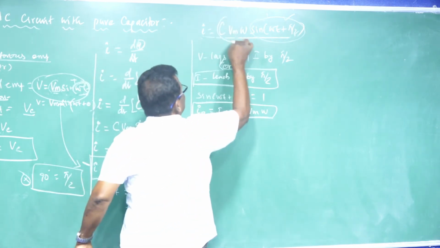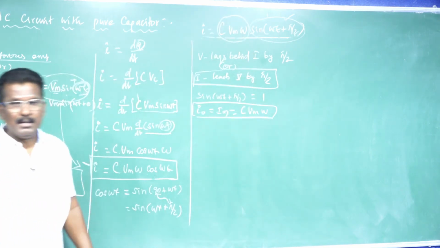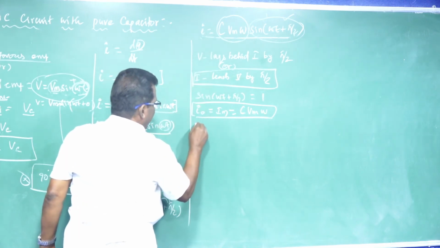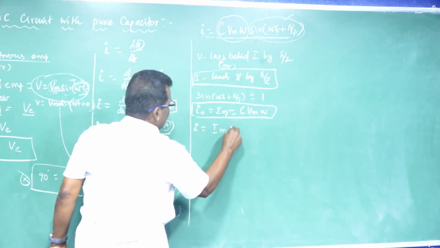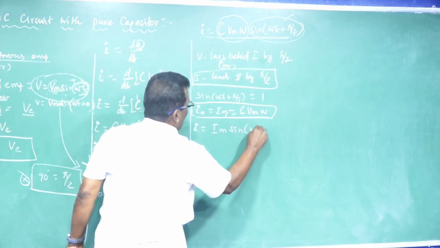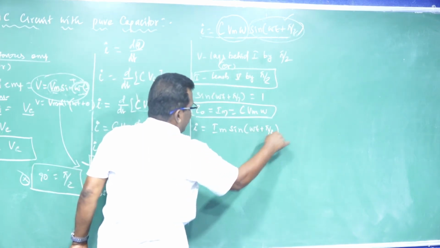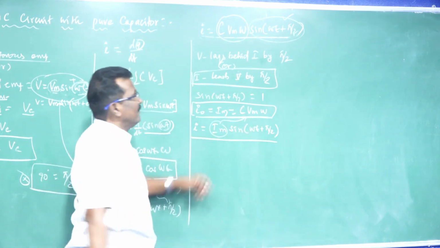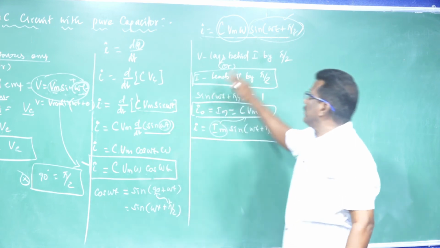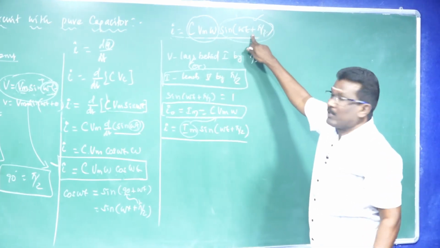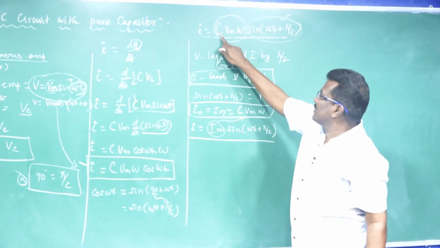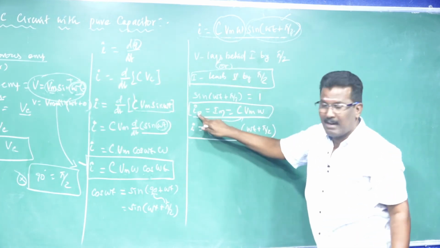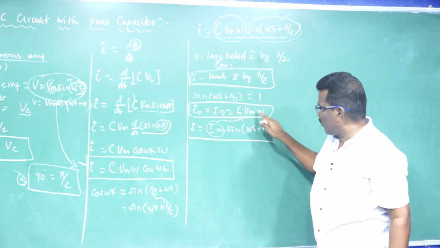So this part becomes Im. So I is equal to Im sin omega t plus pi by 2. The condition: when sin omega t plus pi by 2 is equal to 1, I is equal to C Vm omega, which is I naught or Im.